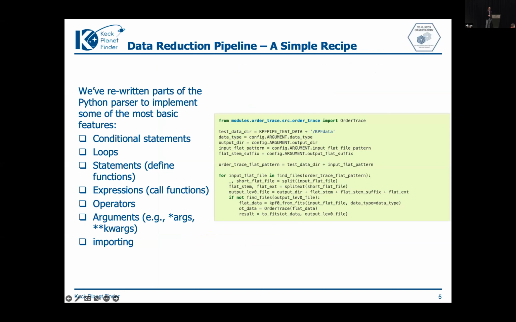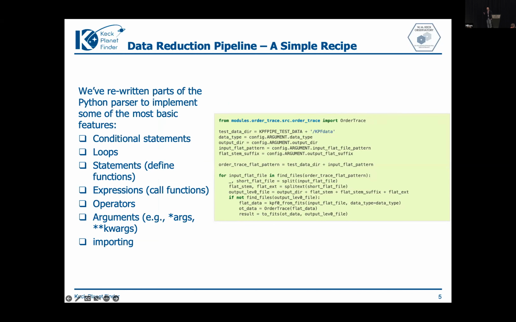Recipes are essentially an order of operations for the pipeline to go and execute all the steps that you want to do. This is an example of a recipe here on the right, and you'll notice it looks much like Python code, and it essentially is, but it's very limited Python code. We essentially rewrote a lot of the Python parser interpreter so that we could incorporate this recipe system.